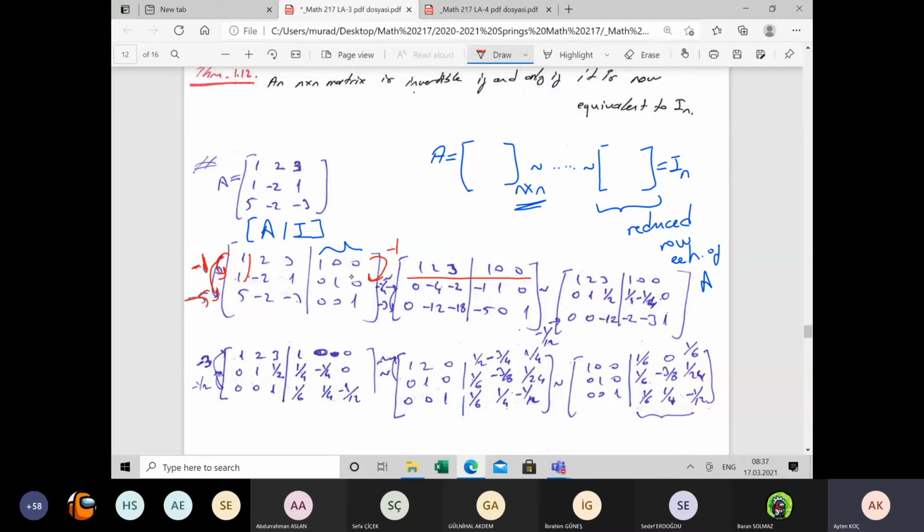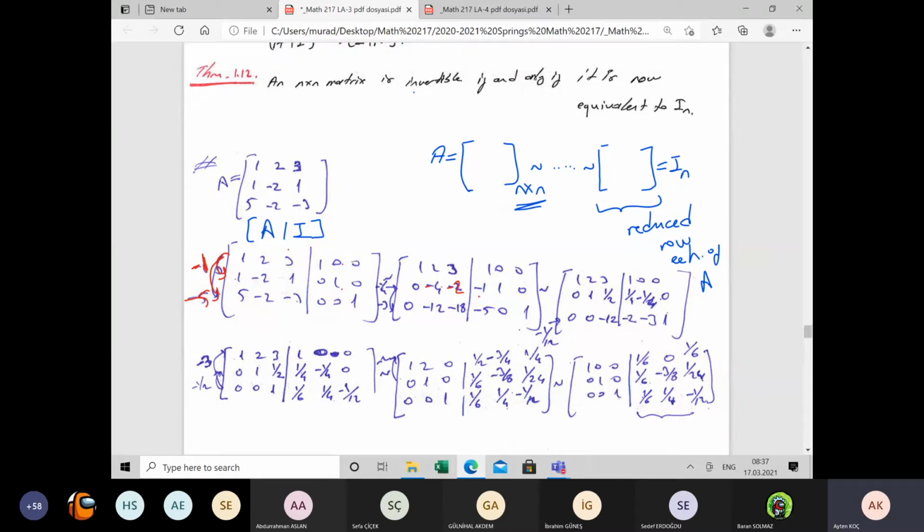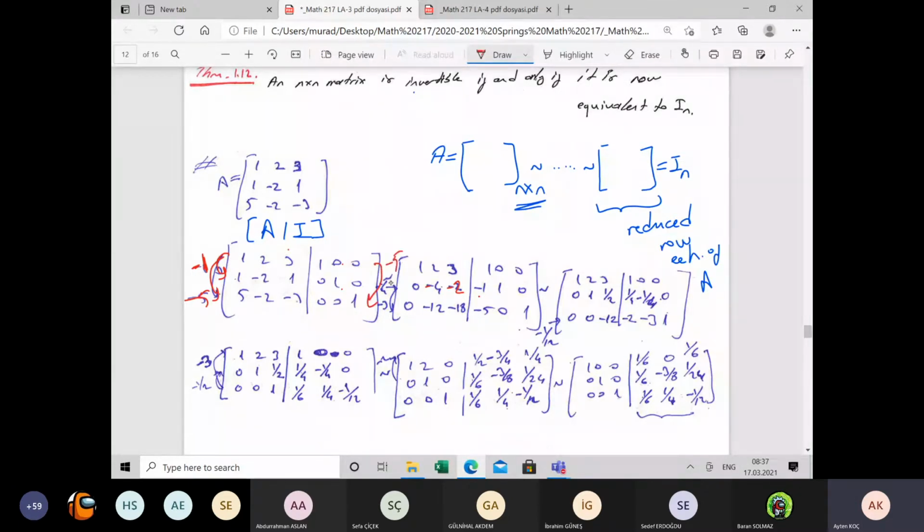-2, minus 4. -3 plus 1, minus 2. -1, 1, 0. The next one: take the first row, multiply by -5, and then add to the last row to get 0 in this position.